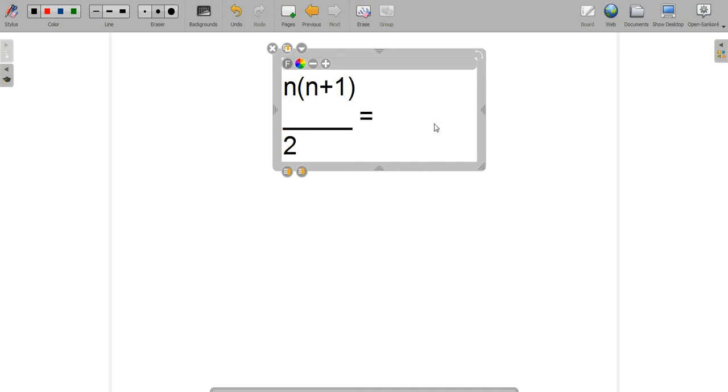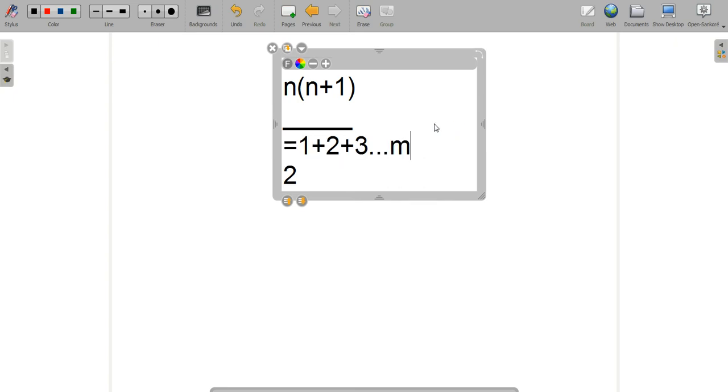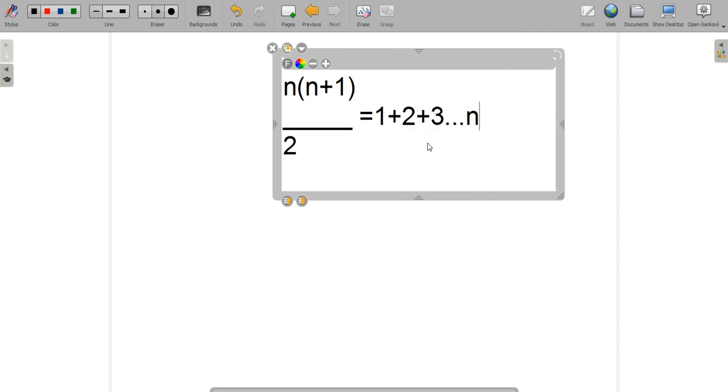This is more commonly 1 plus 2 plus 3. And basically we derive stuff from this. But this is your basic formula without any adjustments. At least remember this.